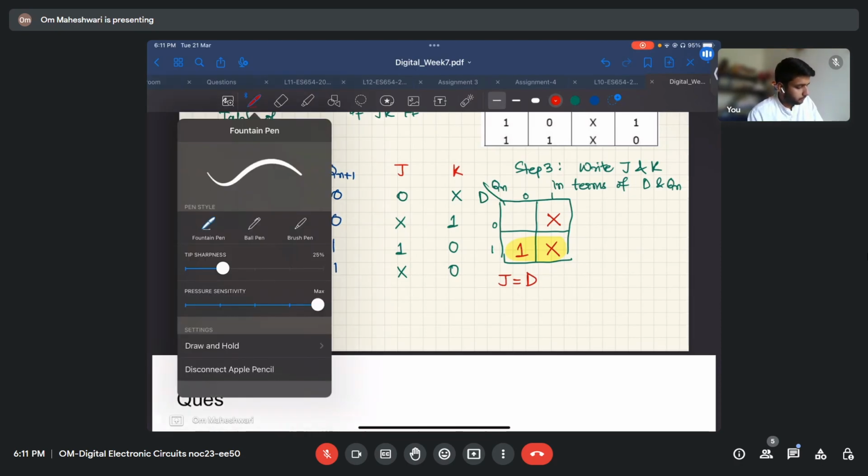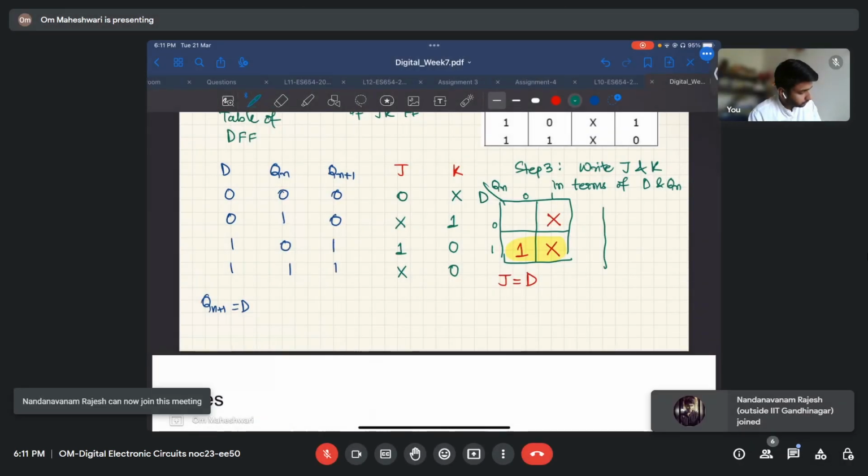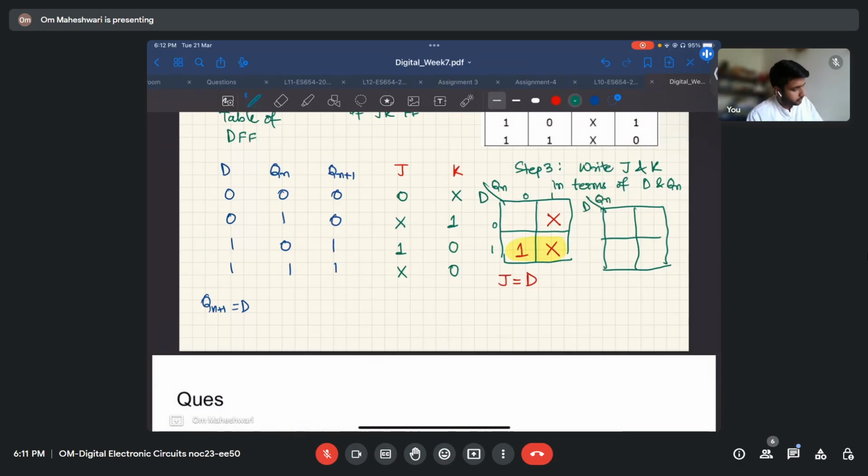Now we'll make another K map for K. Now this is for K. When D is 0 and Qn is 0, K is cross. When D is 0 and Qn is 1, we have 1.